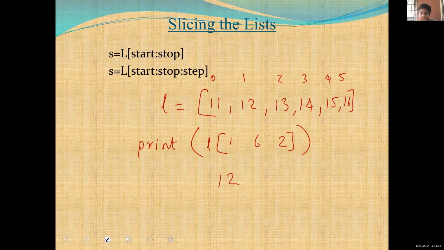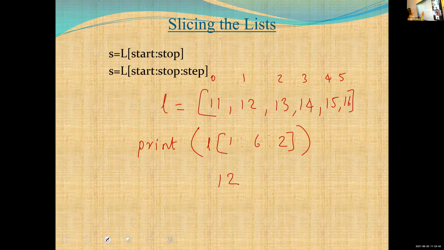Start value. Then what is 1, Ashwin? One is the start value, 6 is the stop value, 2 is the step value or the value for incrementation.